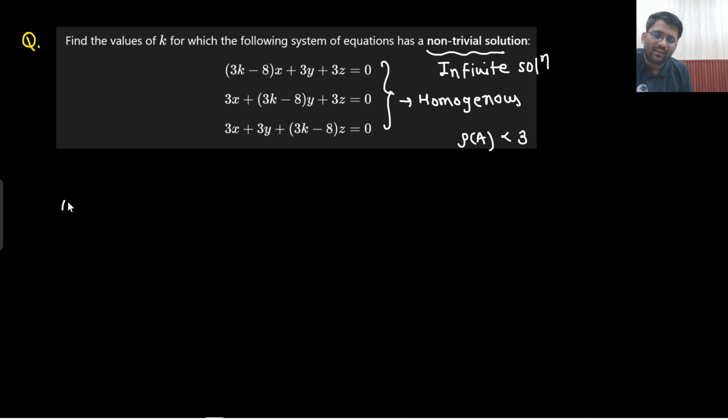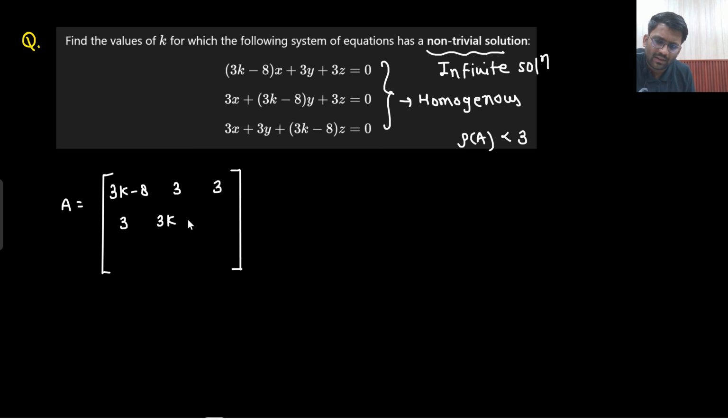So can I get A? Yes sir. What is your matrix A? Matrix A is nothing but 3k minus 8, 3, 3, then 3, 3k minus 8, 3, then 3, 3 and 3k minus 8.